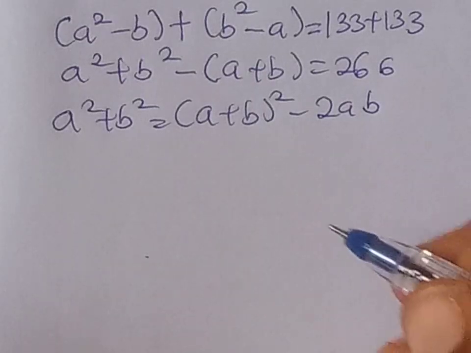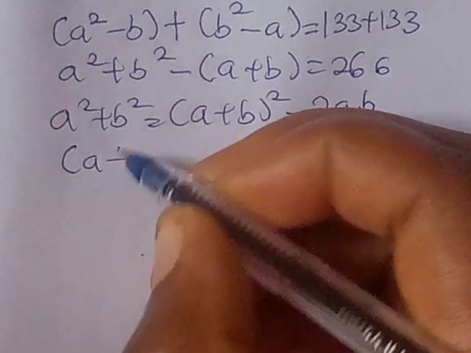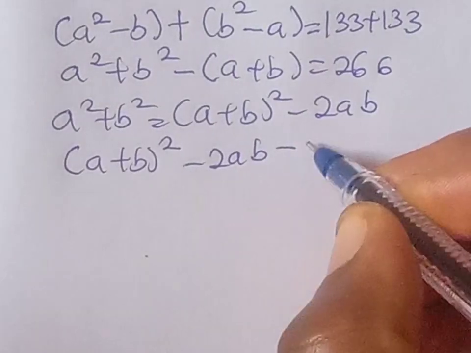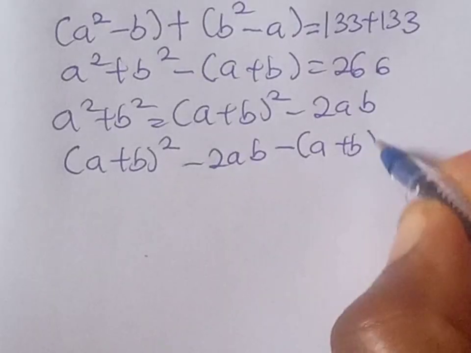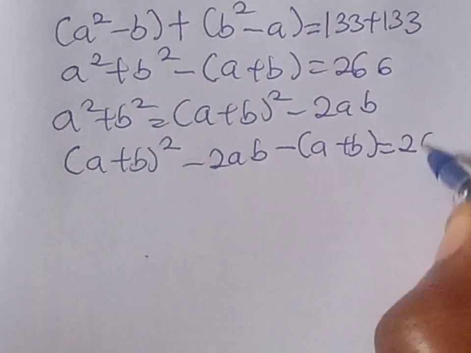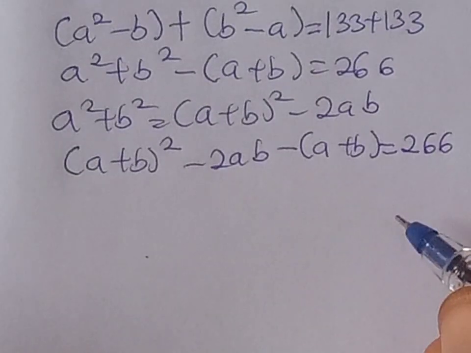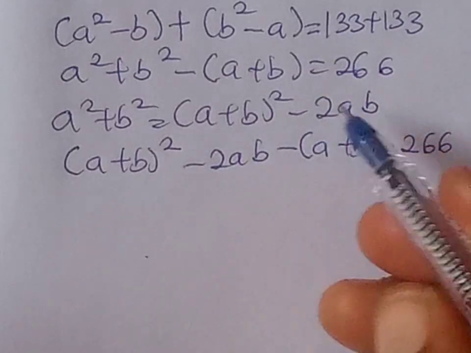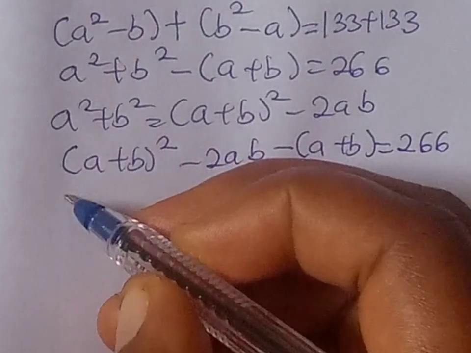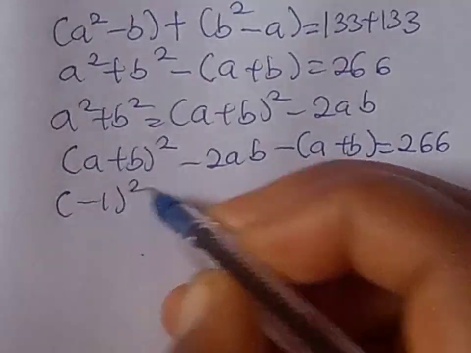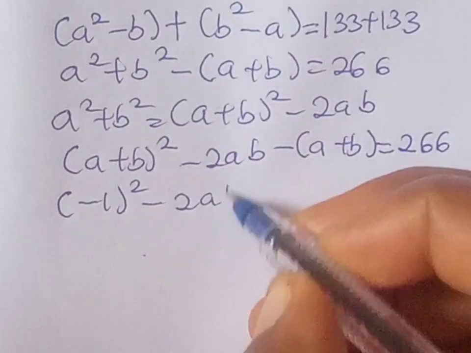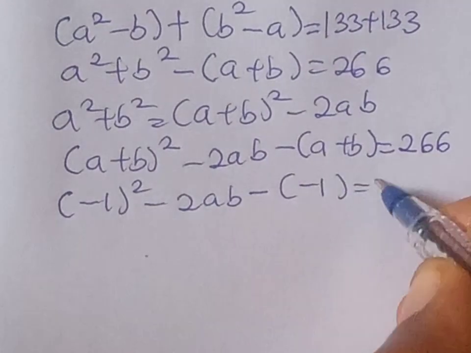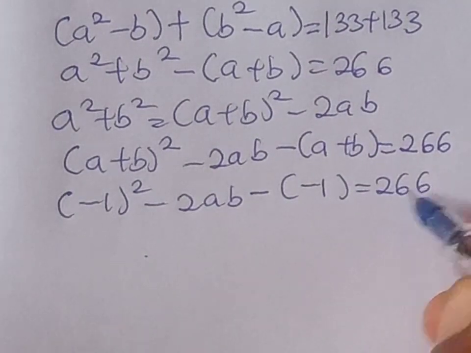Now let's substitute. That is, a plus b squared minus 2ab minus open bracket a plus b equals 266. Let's substitute a plus b equals minus 1 from our case 2, which will give us what? Minus 1 squared minus 2ab minus minus 1 equals 266.